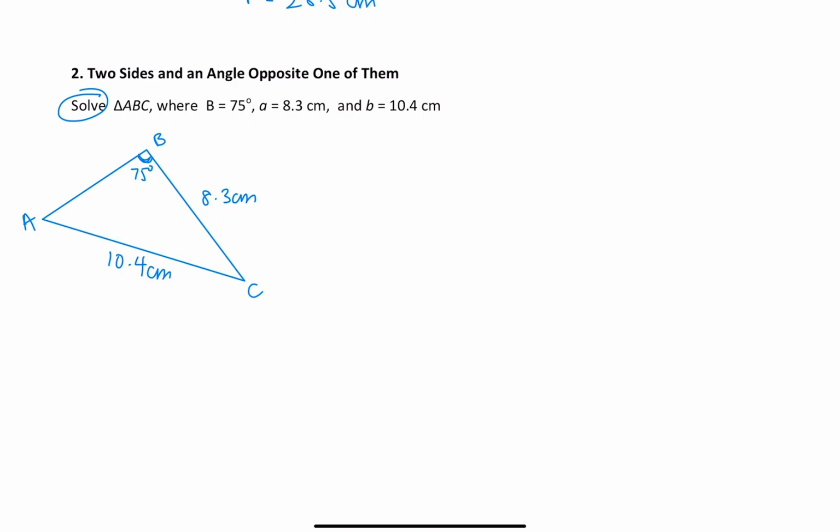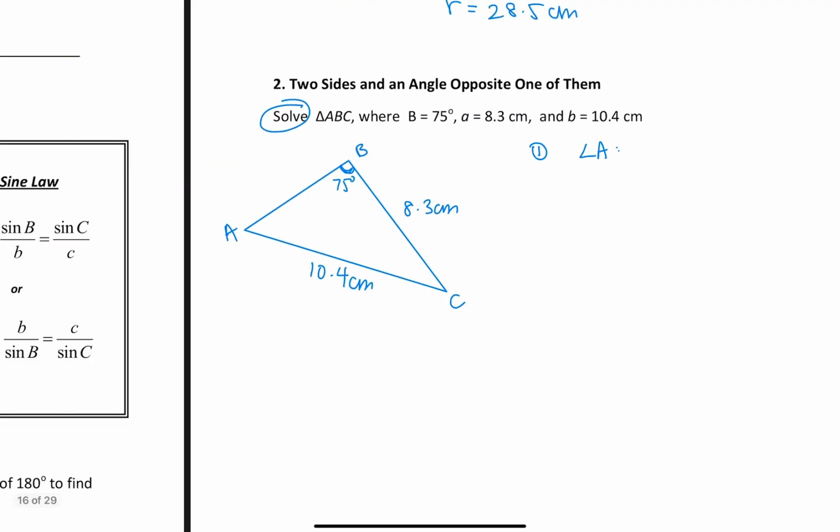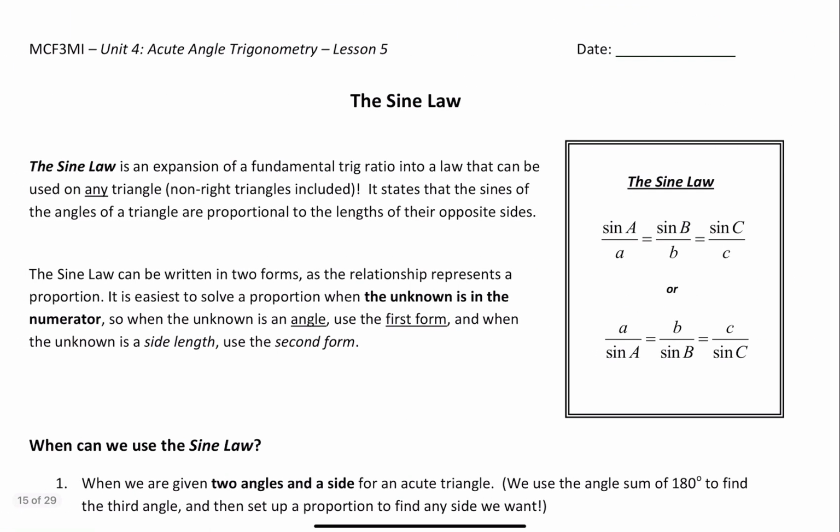So in order to do that, why don't we get another angle? So we're given this proportion, right? Let's then finish up this proportion. So we're trying to find angle A. Because our unknown is an angle, let's use this format, so sine is on the top.